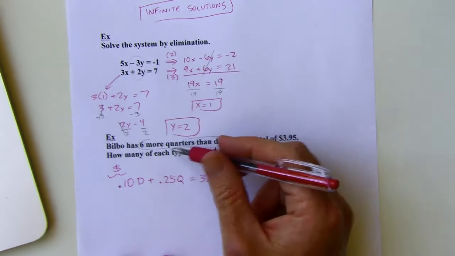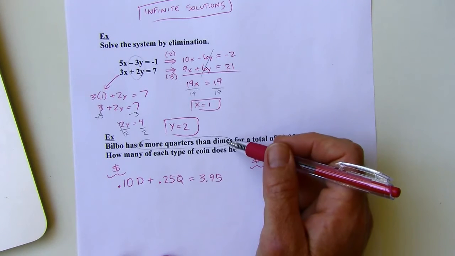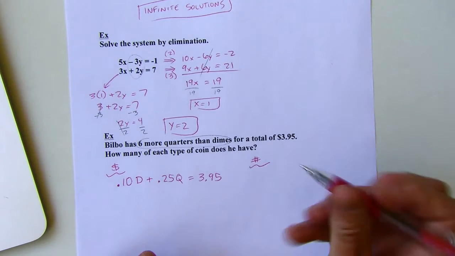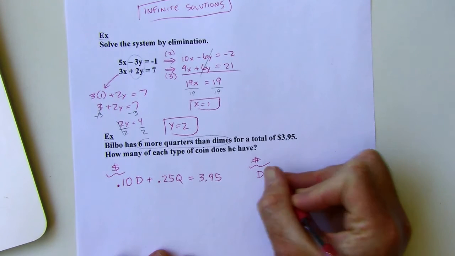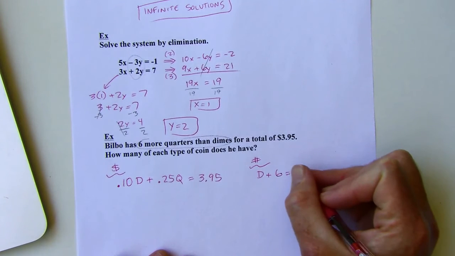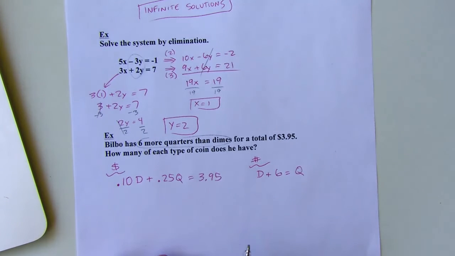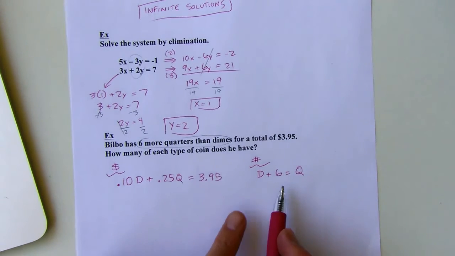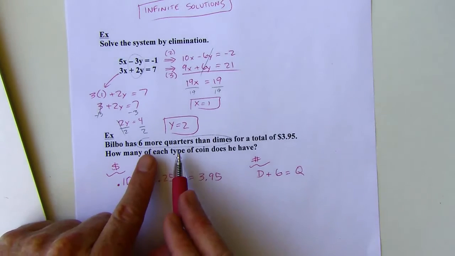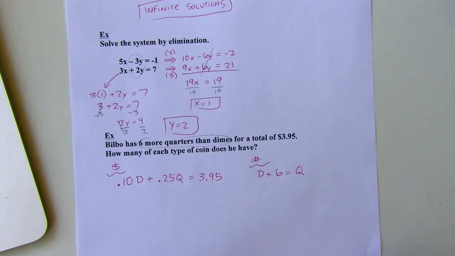So I could take the number of quarters and minus 6 to get the number of dimes. Or you can take the number of dimes and add 6 to it to get the number of quarters. People often mix that up because they see 6 more quarters, so they say quarters plus 6. But that would mean you'd have more dimes. We've got more quarters, right? So either that or D equals Q minus 6, something like that, okay?